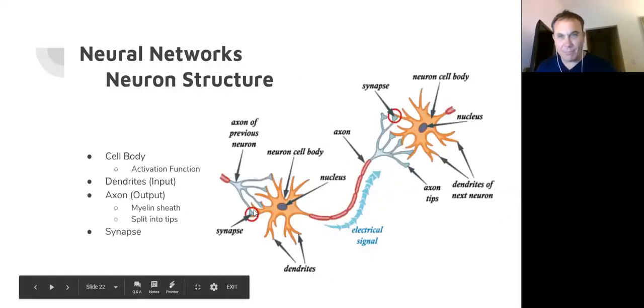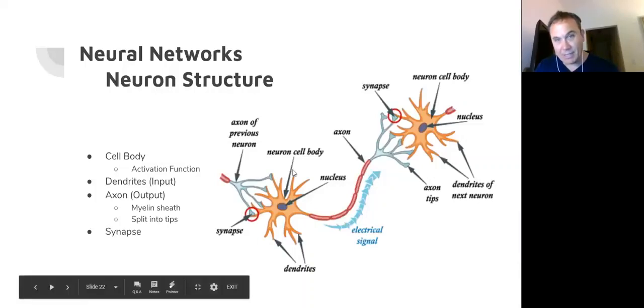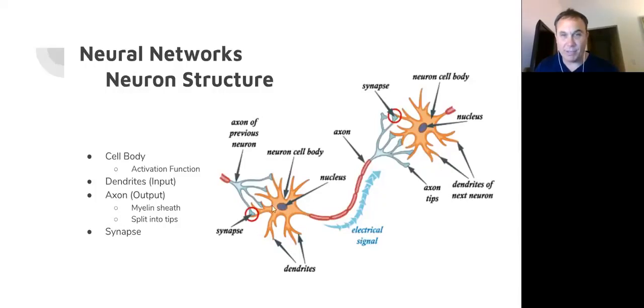Okay, so here's another picture of these neurons, a little better picture. You have, again, these axons hitting the synapse, hitting the dendrites of a neuron, and then you have your nucleus, which before we called the cell body, so it's part of the neuron. And then coming out the axon as an electrical signal.